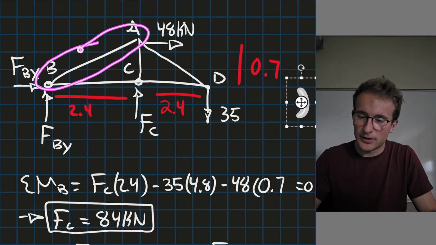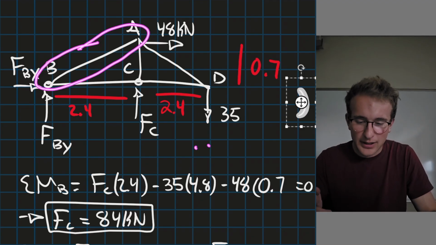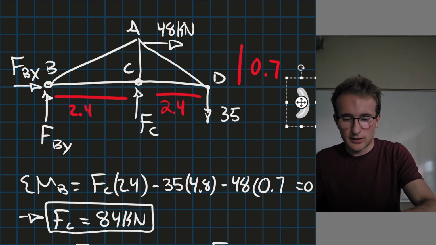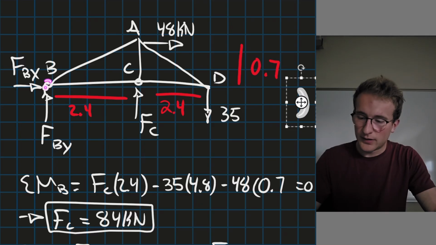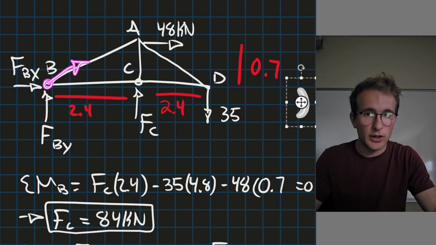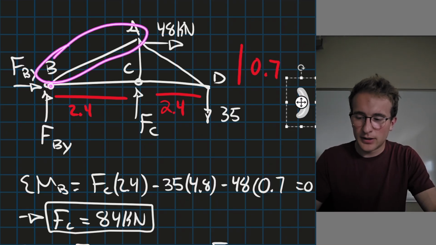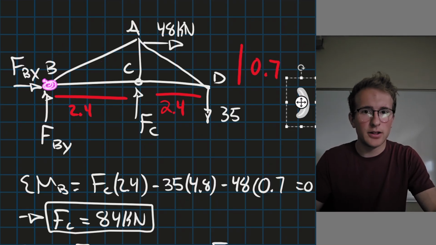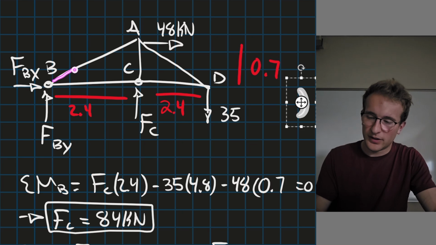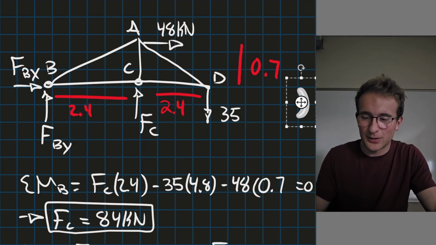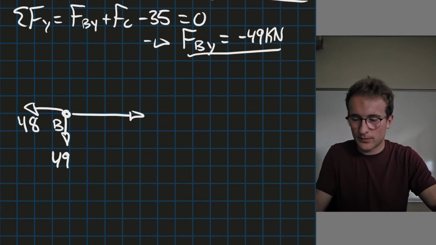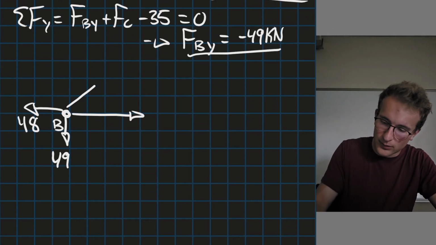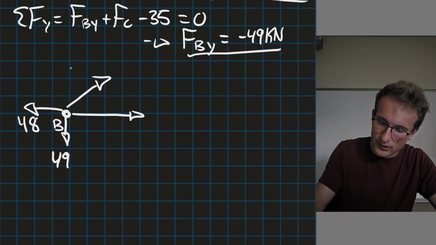The tension in this member, I'm going to call BA, right? It points from B to A. So the tension from this member acting at point B points to the other point the bar connects to, so in this case A. So from B to A. Okay. So we have a tension like that.